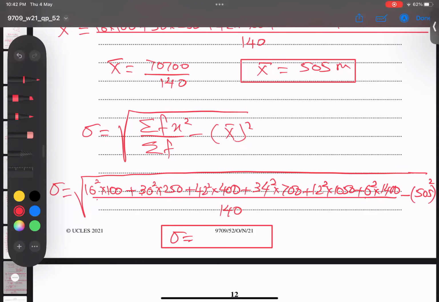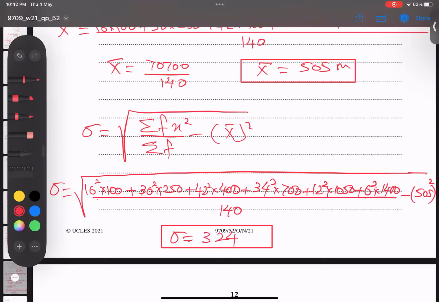So the final answer, I just check it in my calculator. It was a long working, so that is why it is taking time. But anyway, the answer after typing is 324.